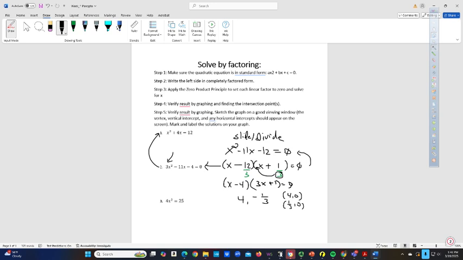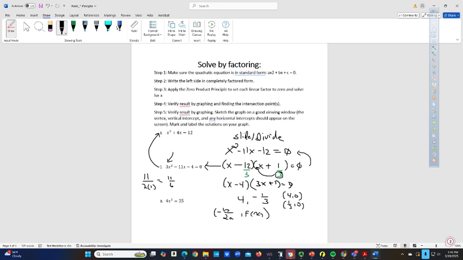All right, so next I need to figure out my vertex. Remember, my vertex is going to be -b over 2a, and then the function of whatever x is, right? So -b becomes +11 over 2 times 3, which is going to be 11/6.